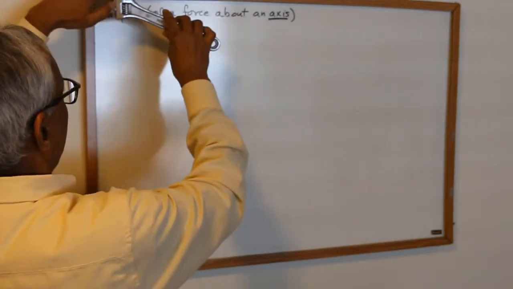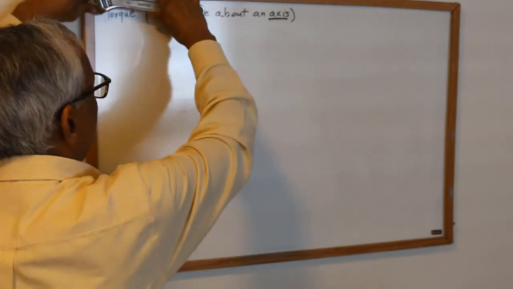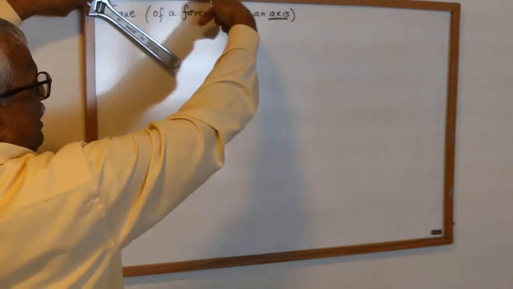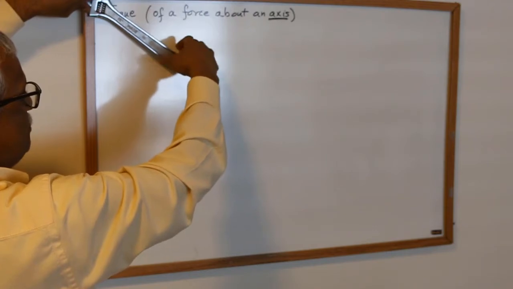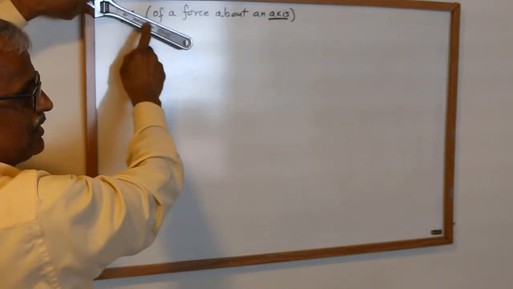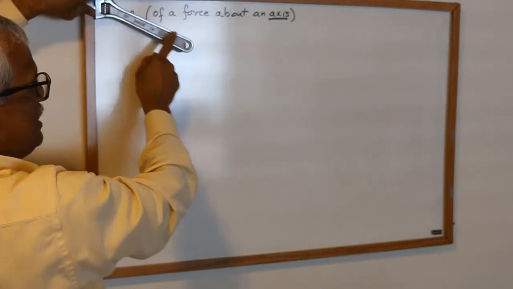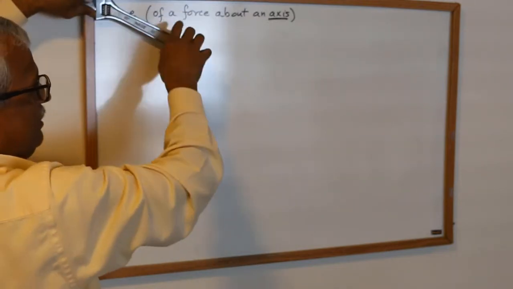If I'm trying to tighten something there, I need to rotate it this way, so I need to apply force that way. I can apply force in various places, but I know from experience the further away I apply a force, the greater the impact. And that's what the torque captures, the impact of my force in the rotation.